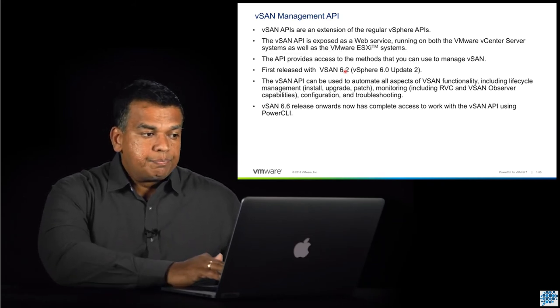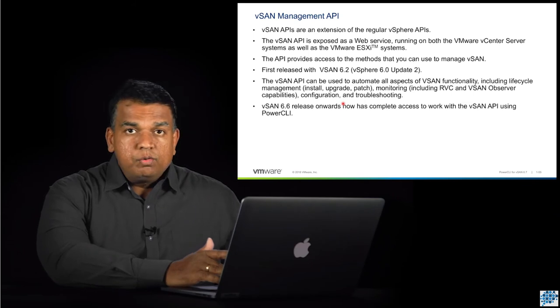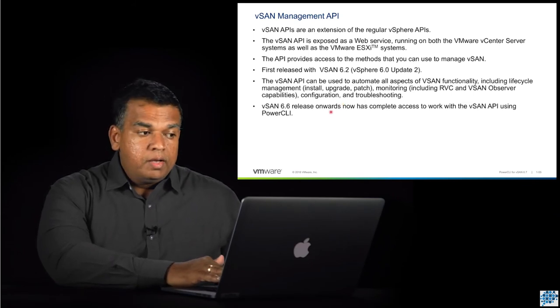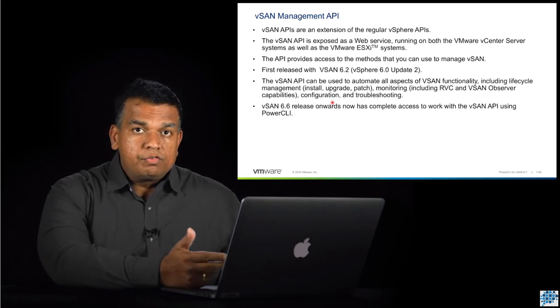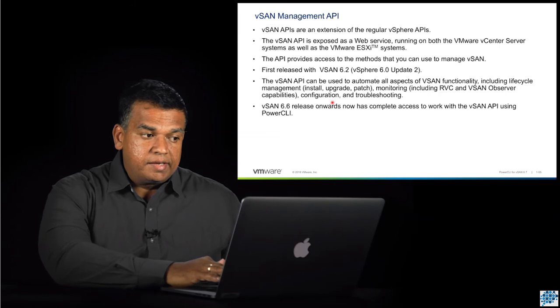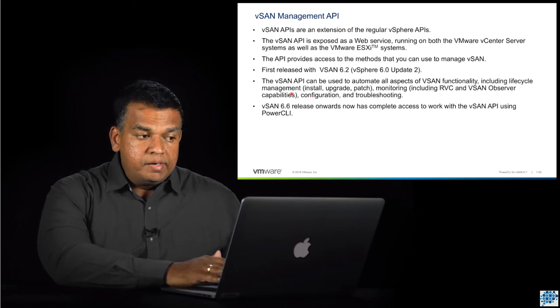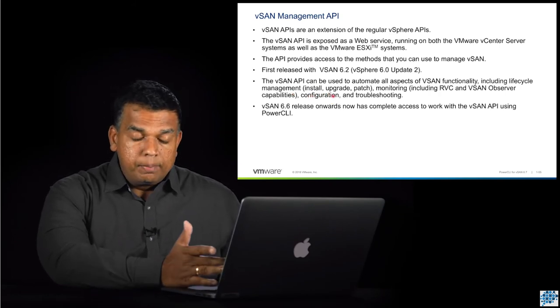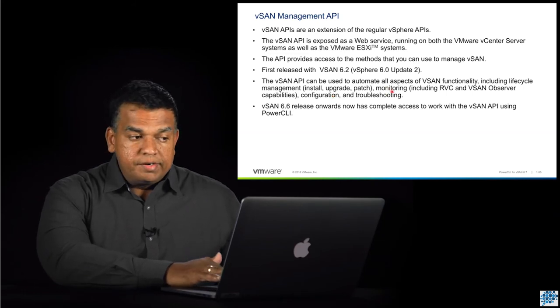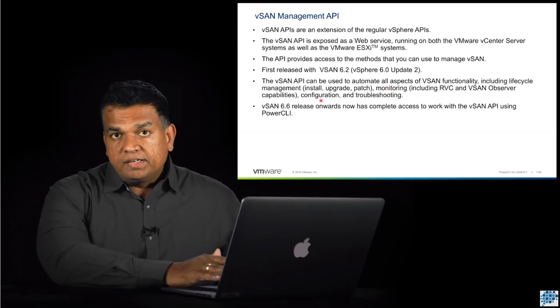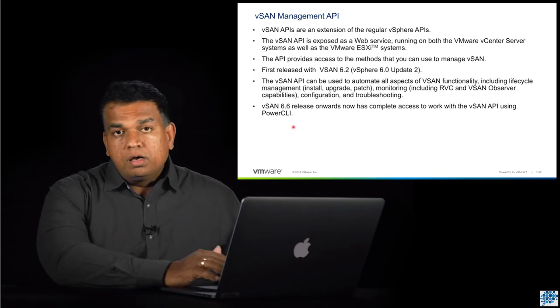The vSAN API was first introduced with vSAN 6.2, and it can be used for a variety of automation purposes, for example management, like installing or upgrading vSAN or patching, or monitoring, configuration, as well as troubleshooting.